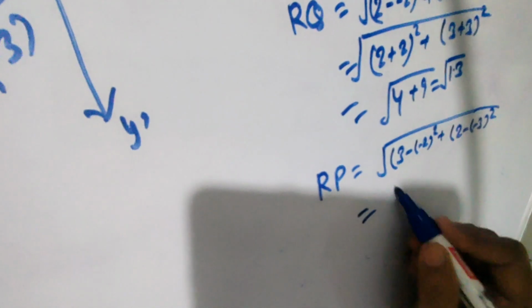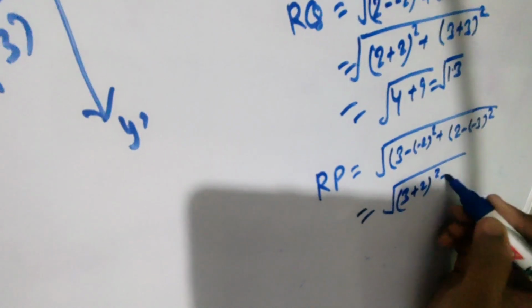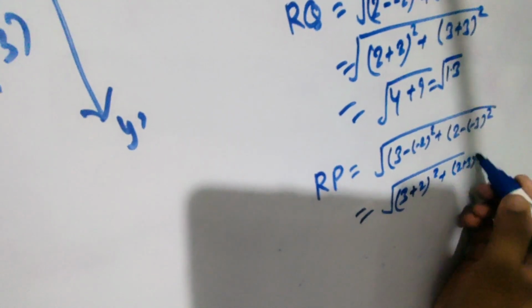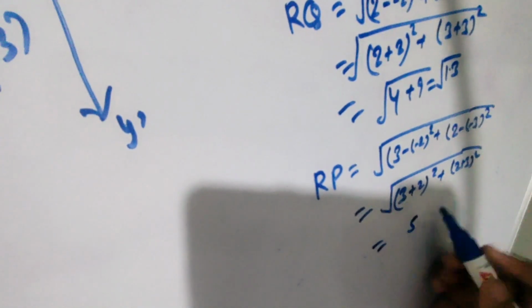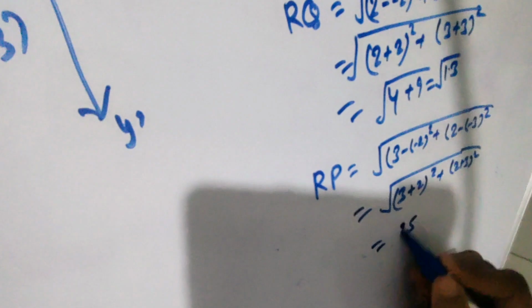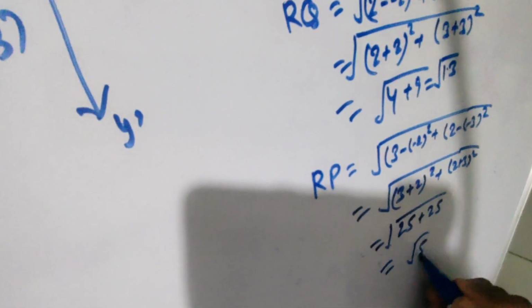Then 3 plus 2 square plus 2 plus 3 square. 5 square is 25, plus 25, then square root of 50.